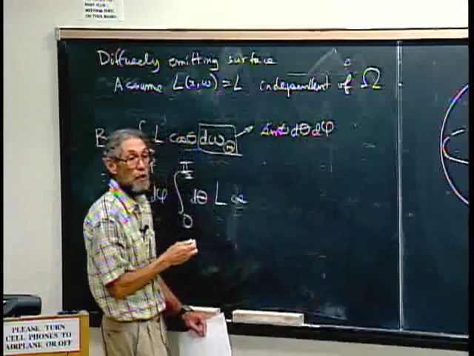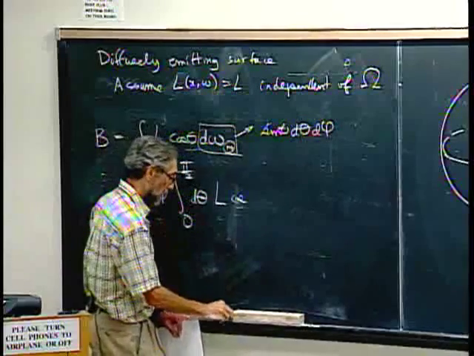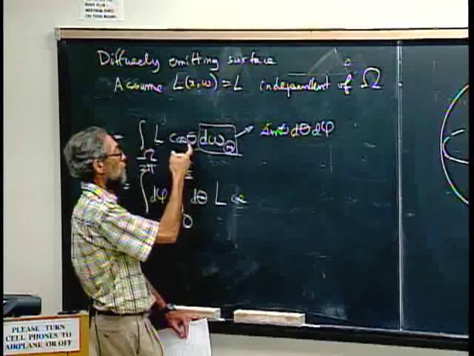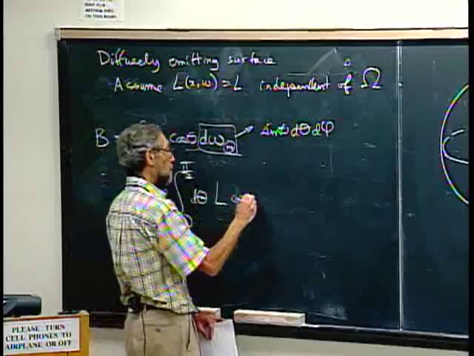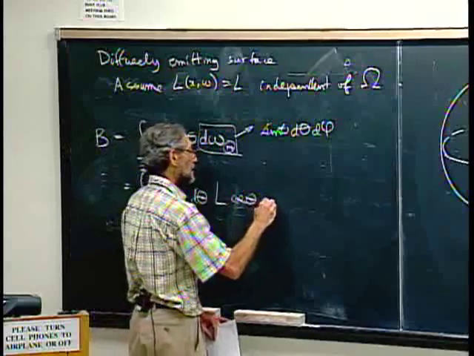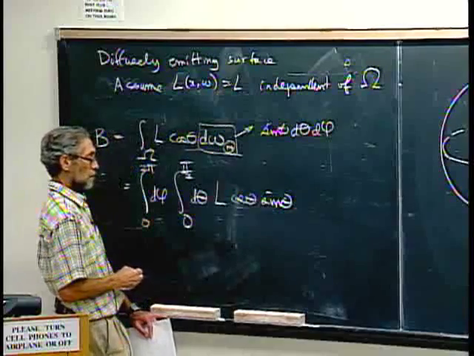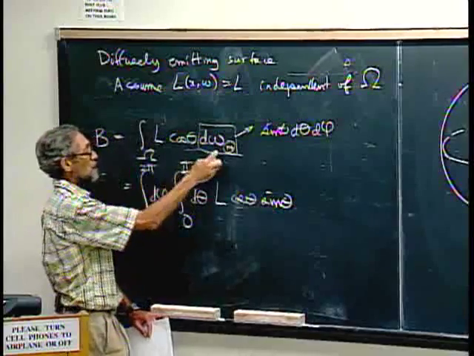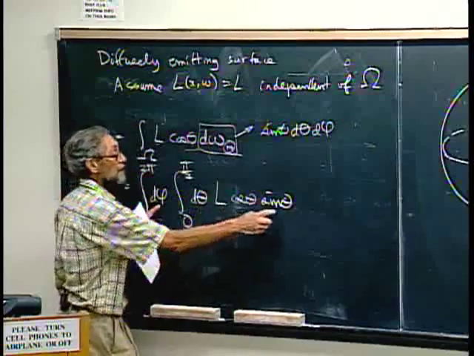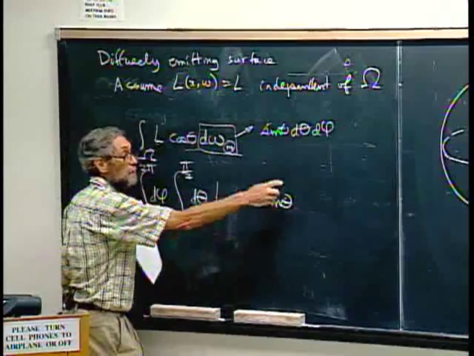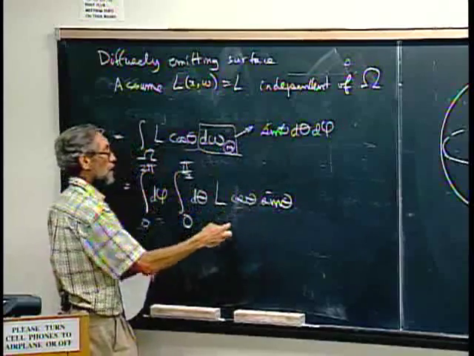That's what I had on the other board for solid angle measured in spherical coordinates. And I'm going to need spherical coordinates to do this integral because it's got the cosine theta. So basically I have cosine theta sine theta. So I've turned this into a double integral, and my d theta, d phi, sine theta make my d omega, and then the L cosine theta is right here.